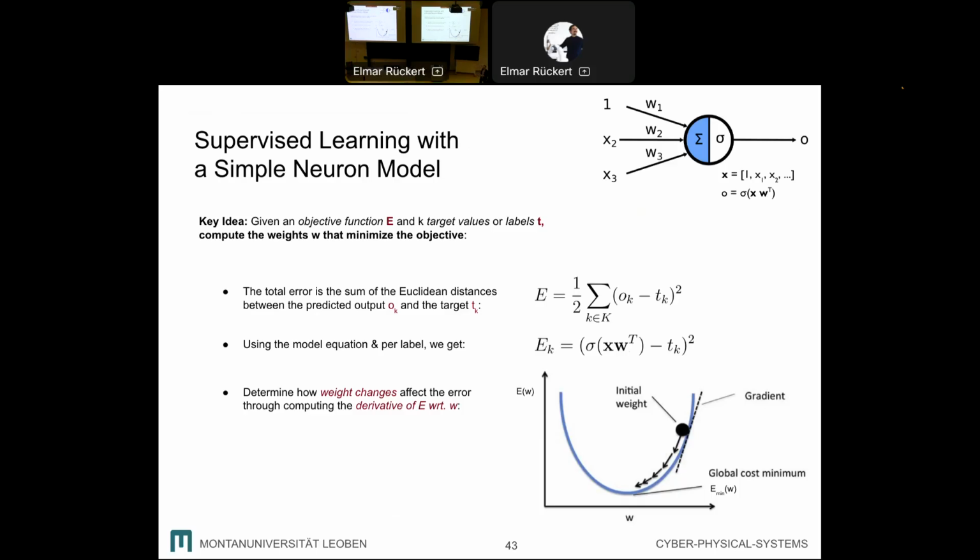Exactly. Do you know what is the mathematical property that is necessary to say that it will converge to the global minimum?